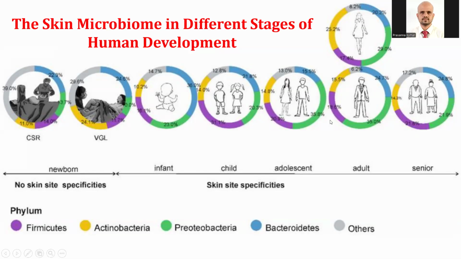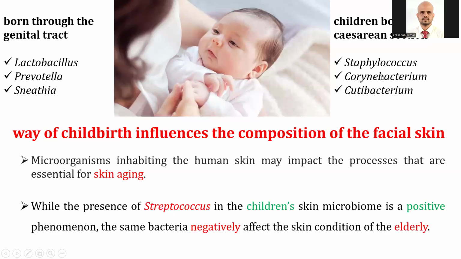I also understand that a bacteria that is useful in one particular stage of life of a human being can become harmful later. So there is no defined role for the human skin microbiome. Even for a mother delivering a child through the natural way or through surgery, the bacterial composition differs. Child skin microbiome differs based on the way a mother delivers a child.